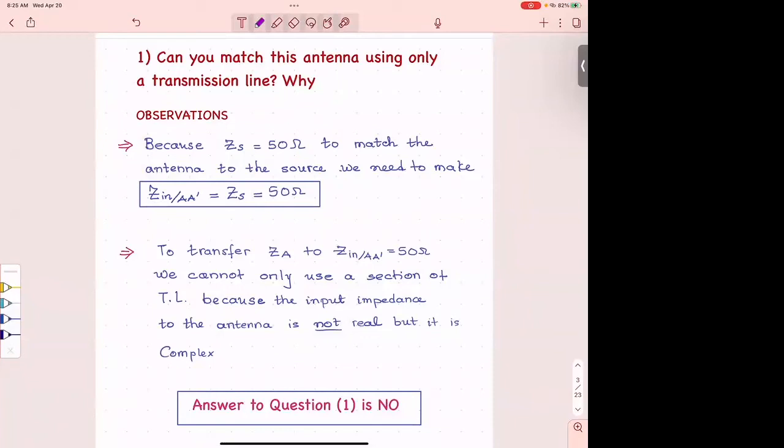So practically, to only use a section of line and achieve this matching, and that section of line is going to be a quarter wavelength transformer, you can only do it if the antenna or your load is real. So what is the lesson here? The lesson is that if you have a real load, any type of real load, you can always match it to a real source, meaning the real internal impedance of the source, for any value of your real load, with a quarter wavelength transformer, period.